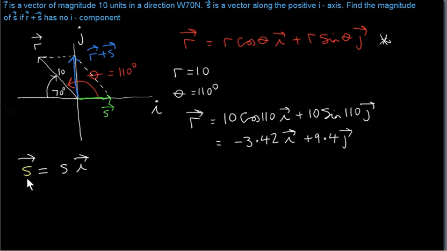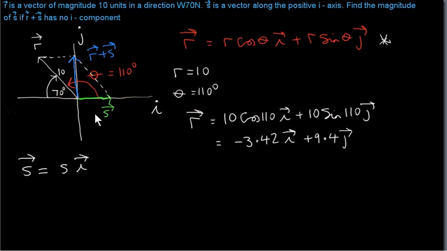The best way to write down vector S is like this. Vector S equals its magnitude, which is S without an arrow, times vector j, because it has no i component. This is always a good notation to use when we're just dealing with a vector along one of the axes, whether it's the i-axis or the j-axis.